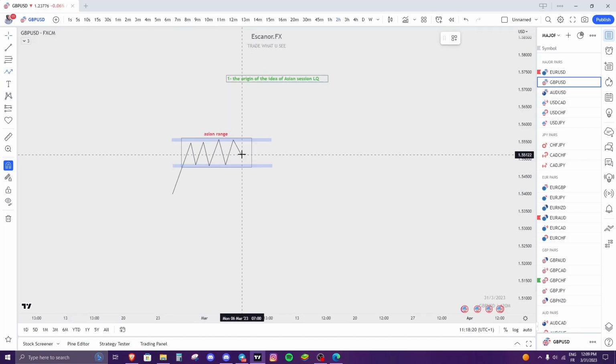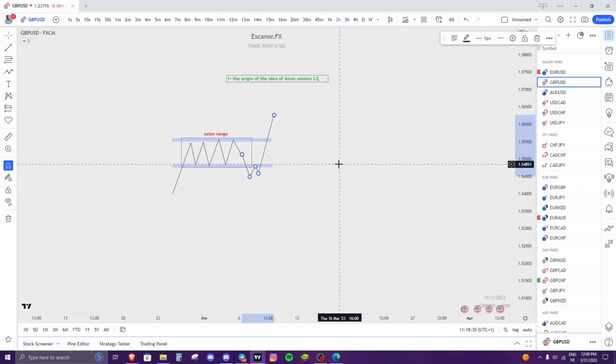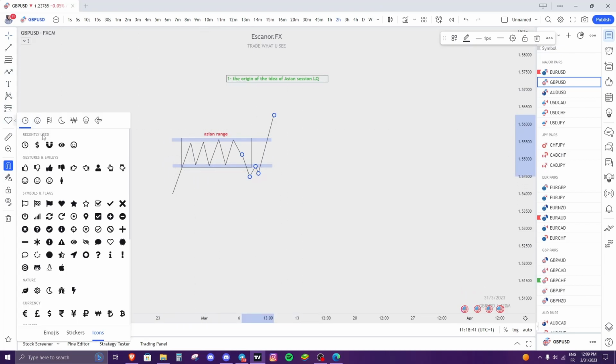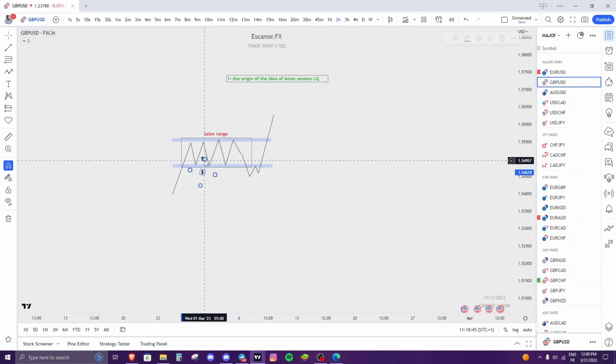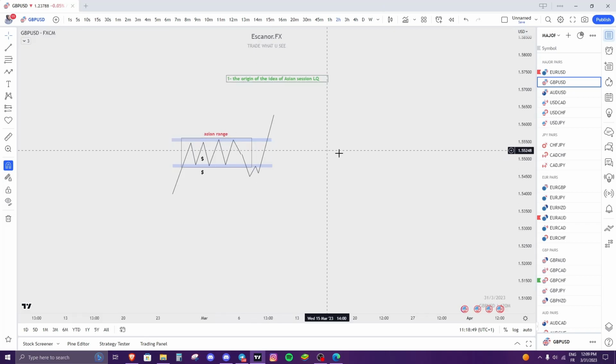You're gonna see a break, come to this level, some retail traders start selling, give them some hope, and then take them out. The same idea with this level. So this is the origin of this idea and why these levels are considered as a point of liquidity, because retail traders try to buy and sell from these levels here and here.